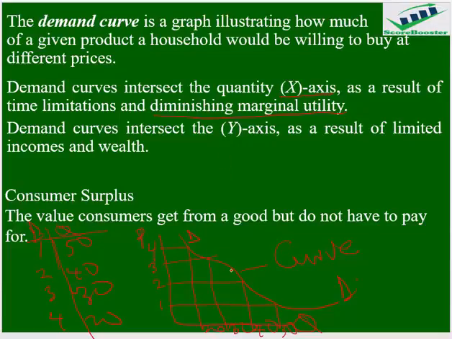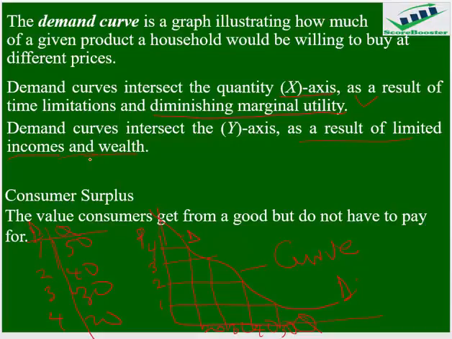So we can have this. It can touch 0. It can cross the x-axis as we have it, and the basis is the law of diminishing marginal utility. Then also on the y-axis, it can intersect with the y-axis. That is, it can touch this particular axis, for example, as a result of limited income or wealth.